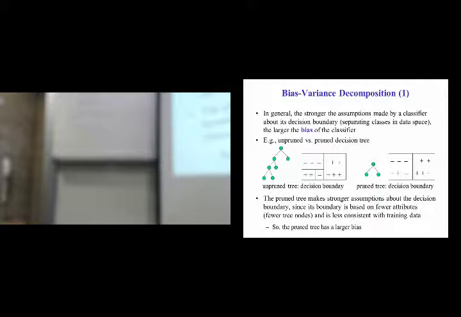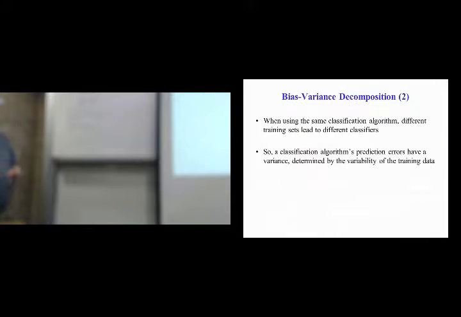So you say the pruned tree has got a larger bias, in the same way that the person who took out insurance has got a larger bias. They're paying a cost for that. This is basically what I said.